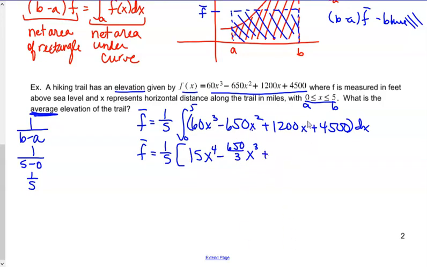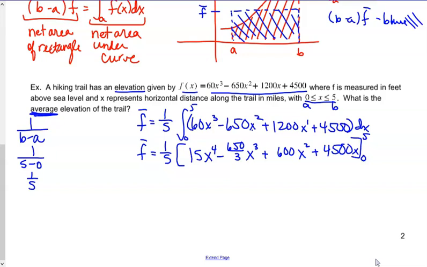Plus, add a power here to my x, that gives me an x squared, and when I divide by the new power of 2, that gives me 600x squared. And then this is a constant, therefore it should have been a linear term in my original function in order to take the derivative to get 4,500.